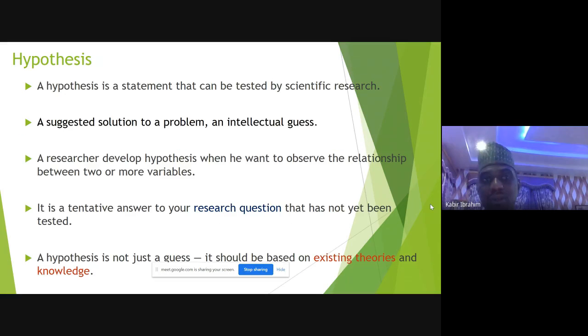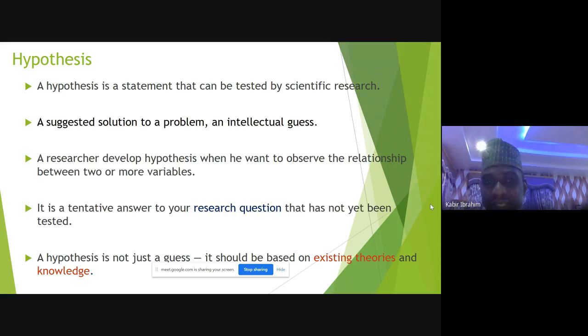Now we'll see hypothesis. A hypothesis is a statement that can be tested by scientific research. A suggested solution to a problem, and it can be an intellectual guess. What is an intellectual guess? It means that you have to use your brain and guess something.